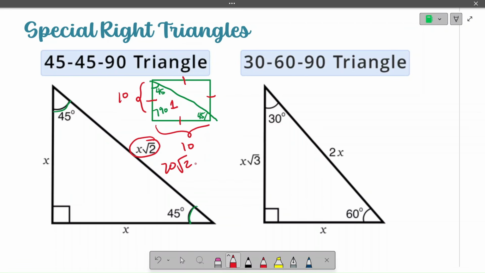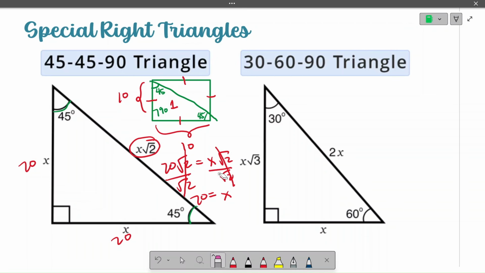We just equate them, this and this. X square root of 2. So, divide both sides to eliminate this. So, what's left? X na lang dito. Dito pwede natin mag-cancel. Therefore, our x is 20. 20, 20.